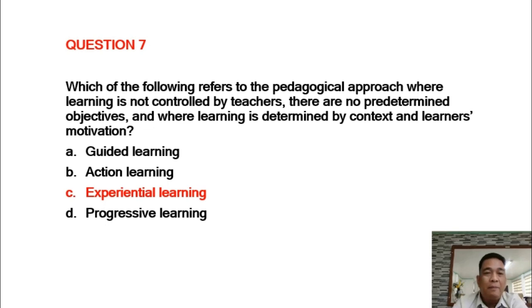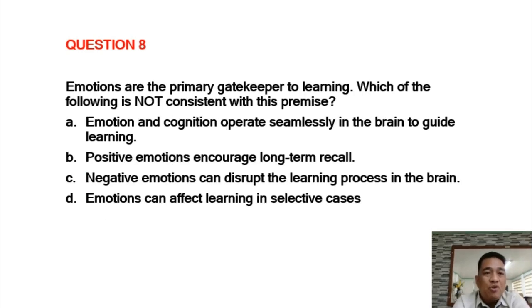Alright? Number 8. Emotions are the primary gatekeeper to learning. Which of the following is not consistent with this premise? Alright? Correct answer is letter D. Emotions can affect learning in selective cases.